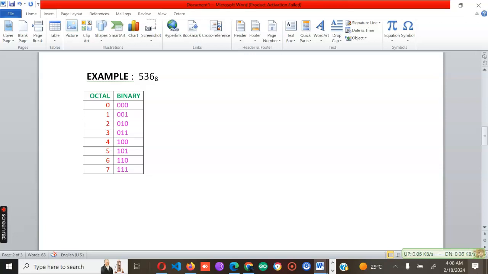So remember the rules. You write down the number, you obtain the binary equivalent of each digit in 3 bits below the digits, and lastly you combine the binary numbers and write the answer in base 2. That is the best way to convert your octal to binary.